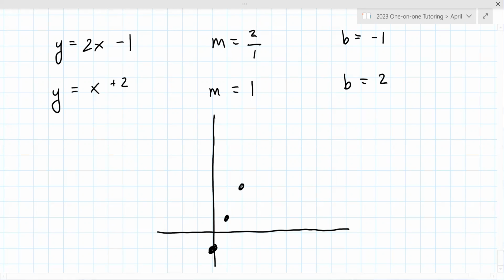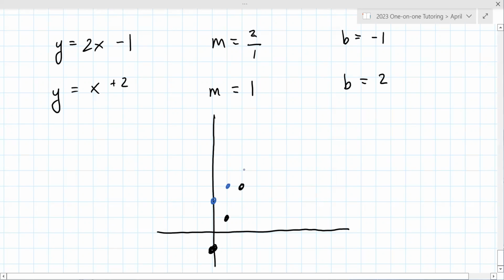2 over 1. Okay, well, there's the first line. And the second one, up 1 over 1. For the second one, I'll do it in a different color.